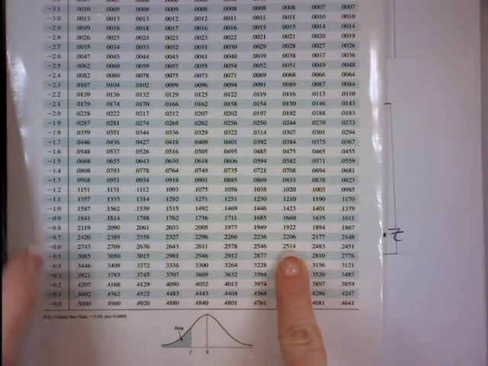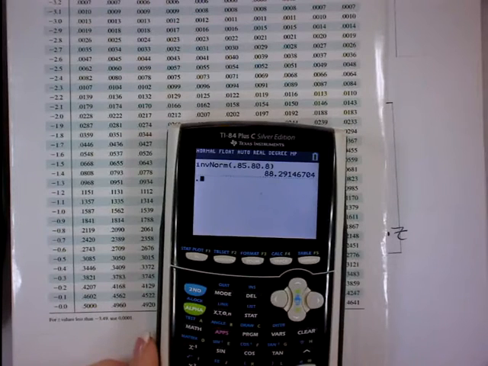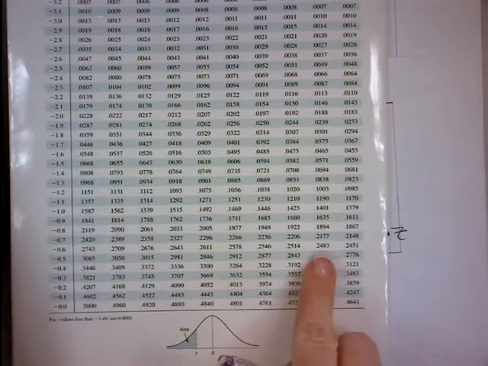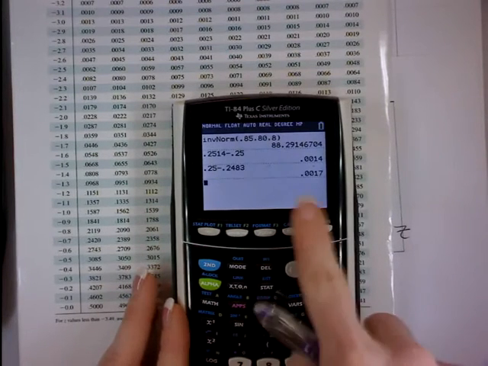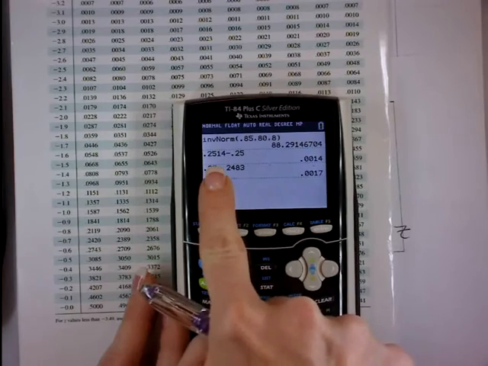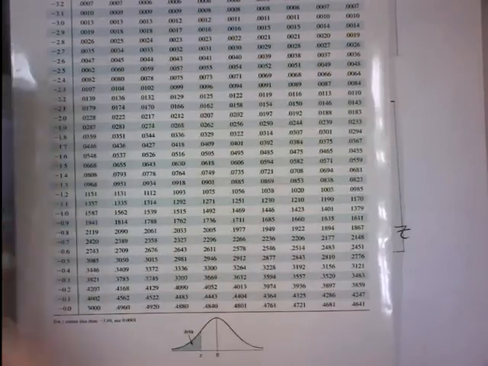So I'm going to take my calculator. 0.2514 minus 0.25 is 0.0014 is the difference. And then we're thinking maybe the other one could be 0.2483. So 0.25 minus 0.2483, that's a larger difference. So the closer one is 0.2514.